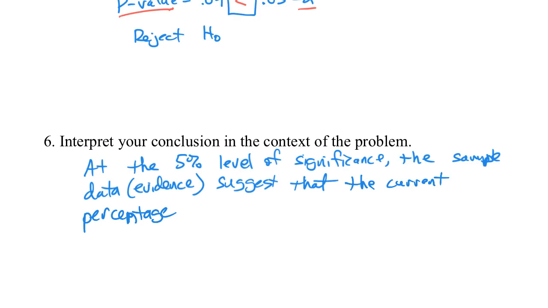And that wording, I'm getting that right from the question. Look at the question, they say, does this indicate that the current percentage of American adults who have never consumed alcohol is different from 33%? And we're kind of saying yes, right? We're going with the alternate hypothesis. So the wording I'm getting here is just from their question. So I'm just going to use the same wording.